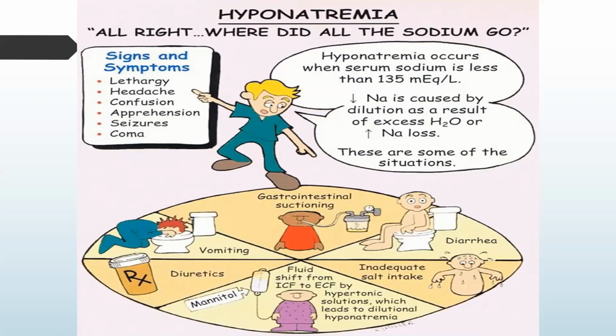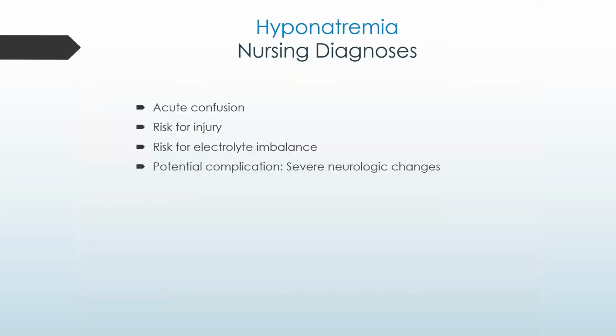In the renal system, increased urinary output. Laboratory findings include sodium levels less than 135 milliequivalents per liter and decreased urinary specific gravity. If sodium drops below 120 milliequivalents per liter, this is considered severe, which could result in brainstem herniation, respiratory arrest, and death.